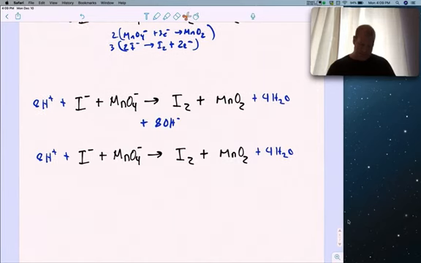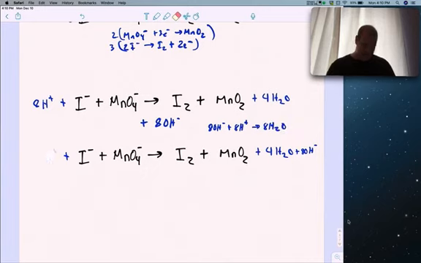So the 8 OHs here, we're going to have plus 8 OH minus, and the 8 OH minus plus 8 H pluses is going to form 8 H2Os.